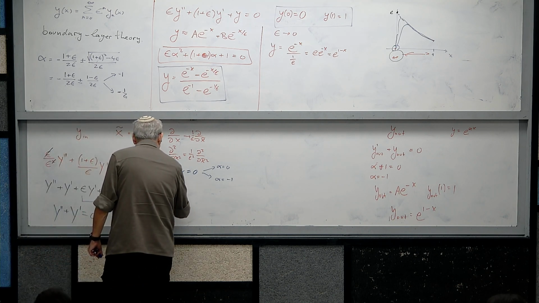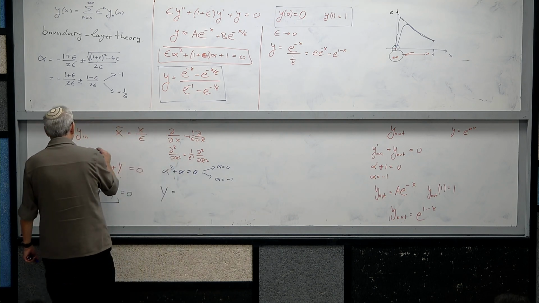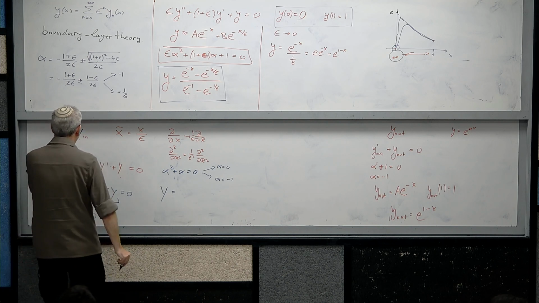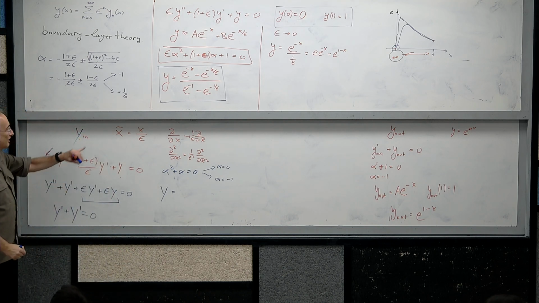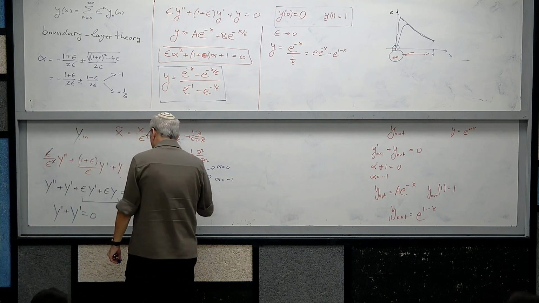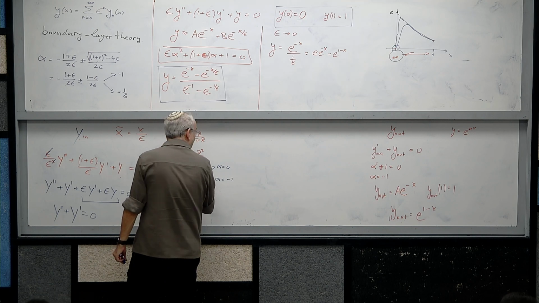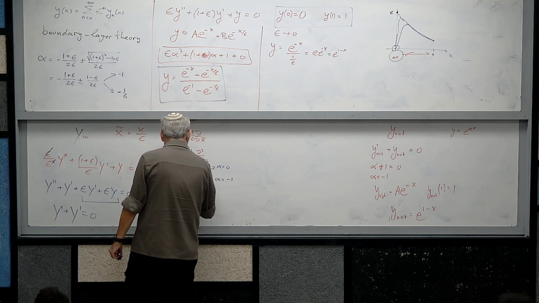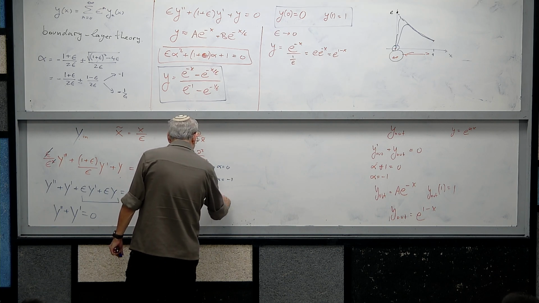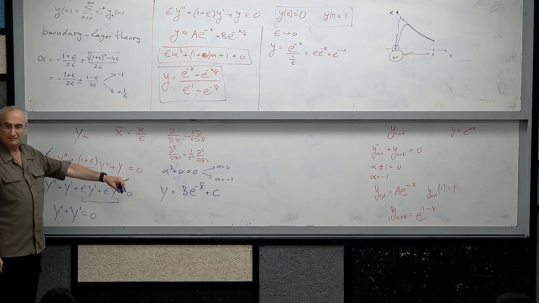Therefore, y is some constant, let's call it b, times e to the minus x tilde, plus c.